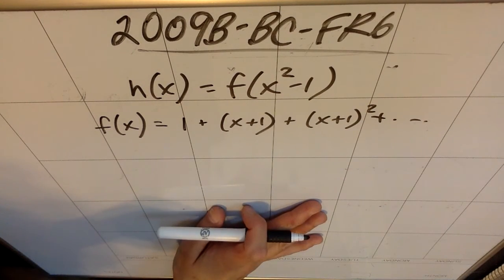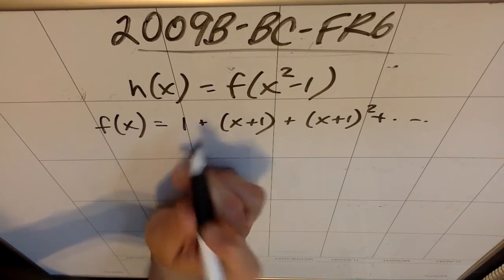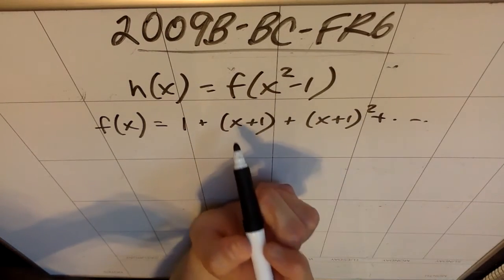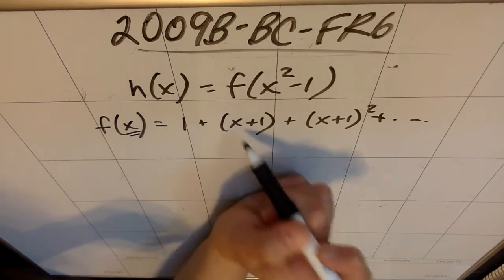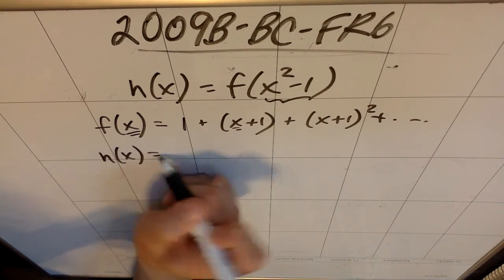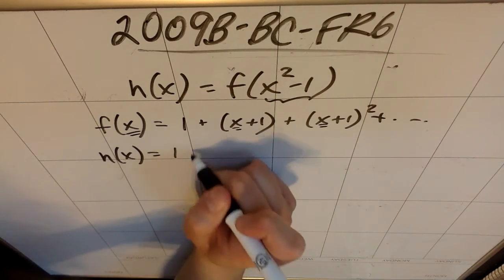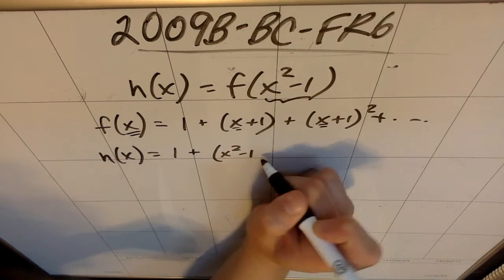So if we were to find h of x, instead of plugging in an x, I'm going to plug in this whole quantity. So my h of x should be this pattern, but anywhere I see an x, I'm going to plug in x squared minus 1. So 1 plus x squared minus 1 plus 1, right?